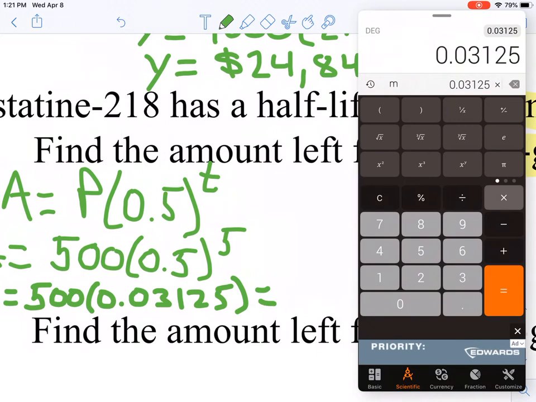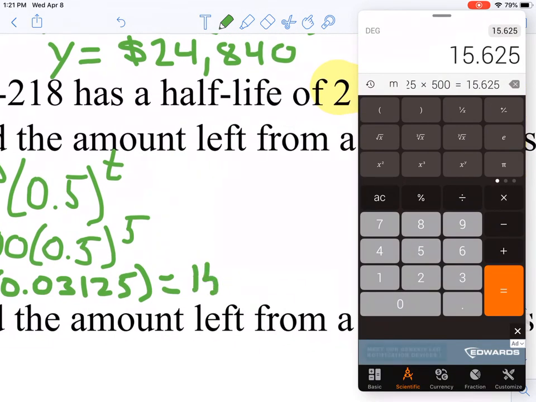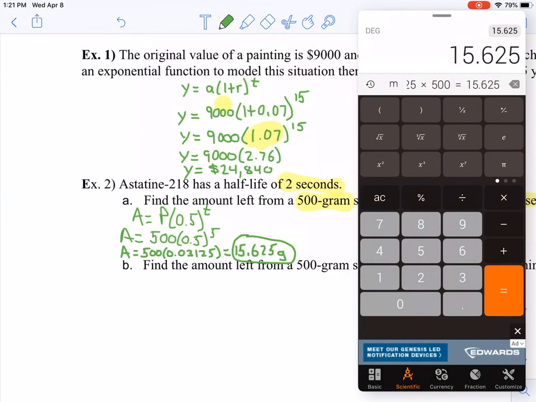So times 500, and we'll have 15.625 grams, because it was actually split in half 5 times over the course of 10 seconds.